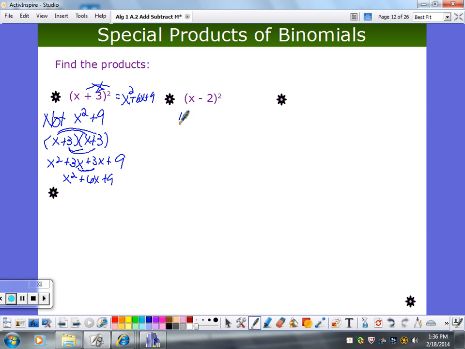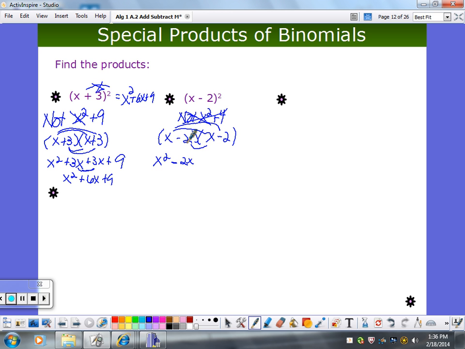Okay, so what is this not? It's not x squared minus 4. Not. Not. So we want, or plus 4, yes. Either way, it's not that. Let's expand and use multiple distribution or FOIL, however you want to think about it. X times x. X times negative 2.